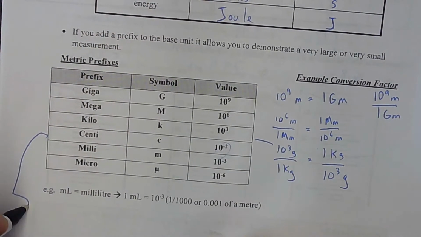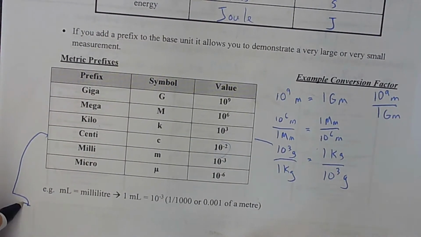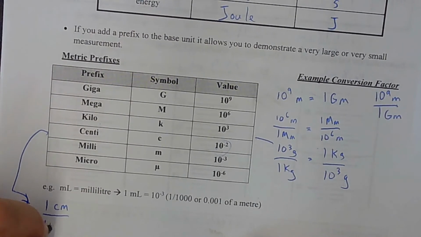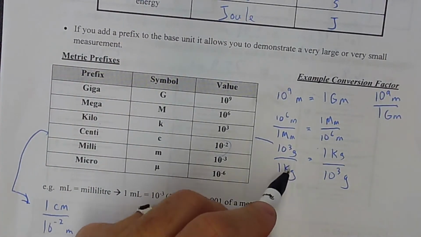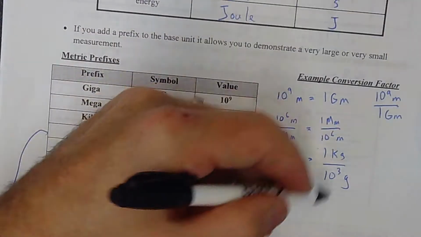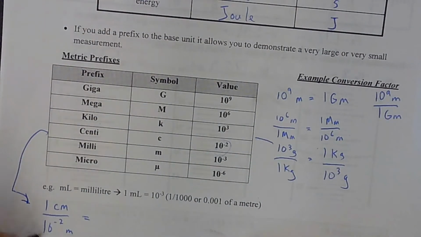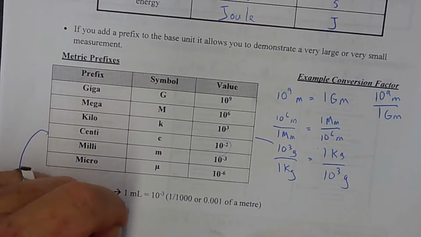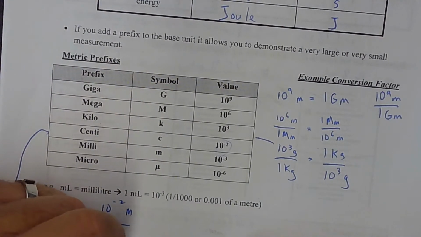So I'll put that one down here. 1 centimeter is equal to 10 to the minus 2 meters. Notice how it's always the one with the power that goes with your base unit. You're just converting it back to your base unit. If you remember all these conversion factors, then you're good to go. So the other way, 10 to the minus 2 meters is equal to 1 centimeter.